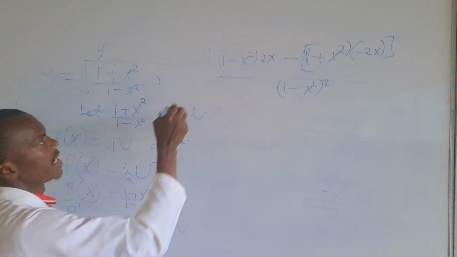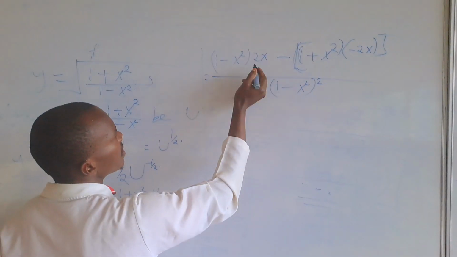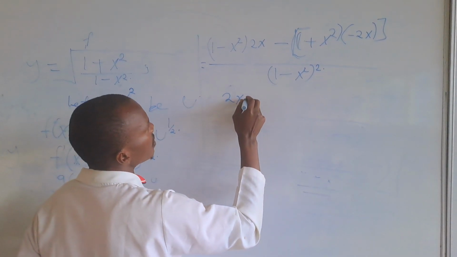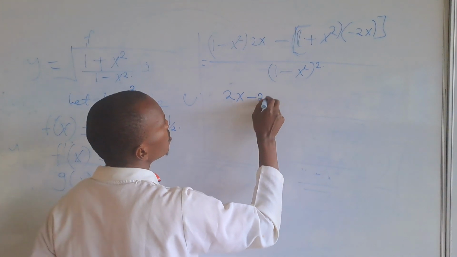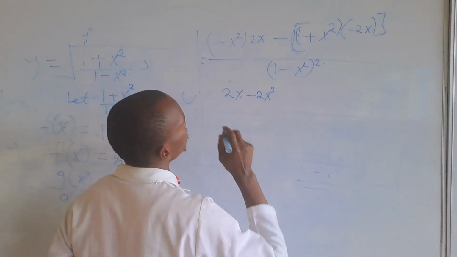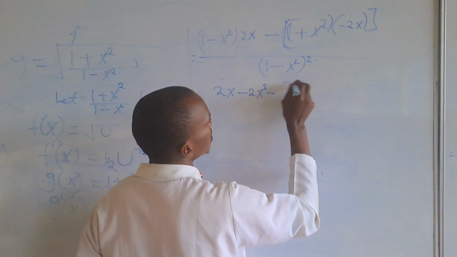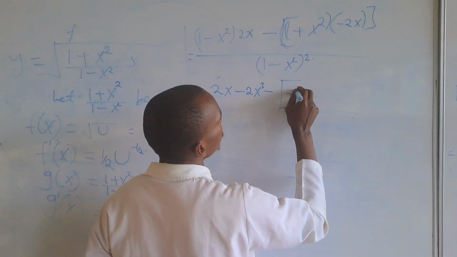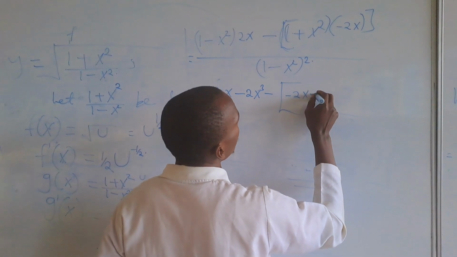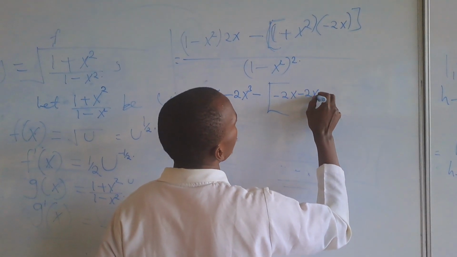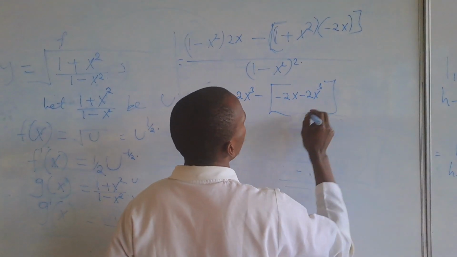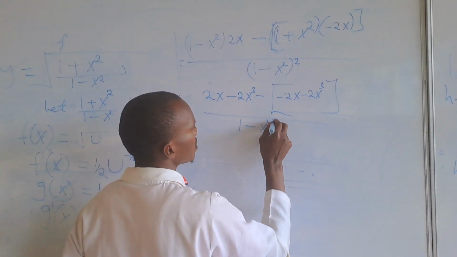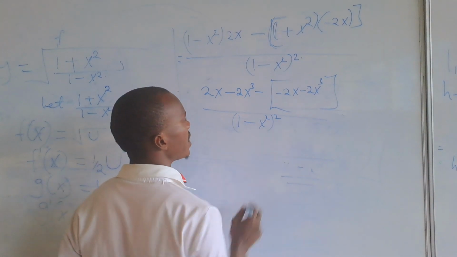As simple as that. Now let's do that. This times this, we'll be able to get 2x minus 2x cubed minus, in bracket, negative 2x minus 2x cubed, like that, over 1 minus x squared.